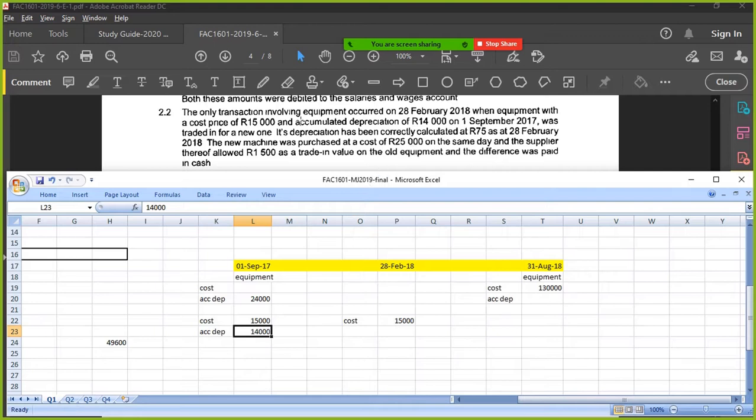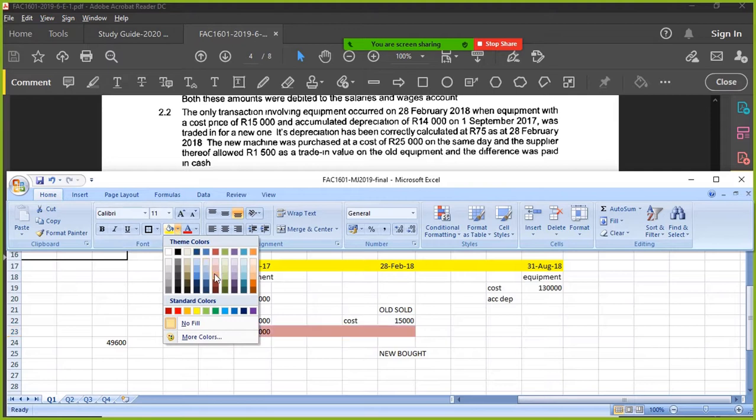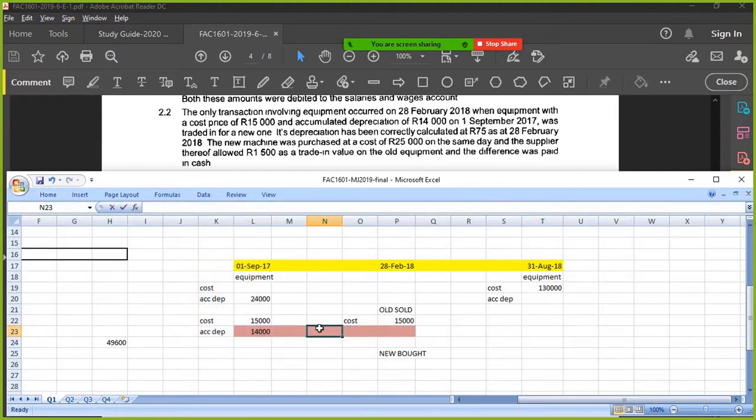So equipment on that date with that accumulated depreciation was traded in for a new one. So the old was sold and then a new one bought. When we bought the new one, its depreciation has been correctly calculated at 75 Rand as at 28 Feb. So they're telling you that the depreciation has been calculated at 75 Rand as at 28th Feb.